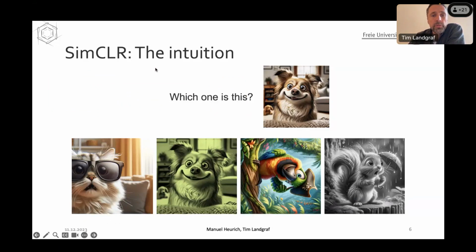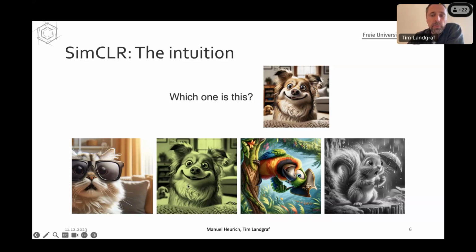Good. So the intuition of SimCLR is this. If I showed you one image and like a whole bunch of other images, it is very easy for us humans to determine which one is the one that we are searching for. So given a representation of this image and a representation of these, let's say, database images, which one?